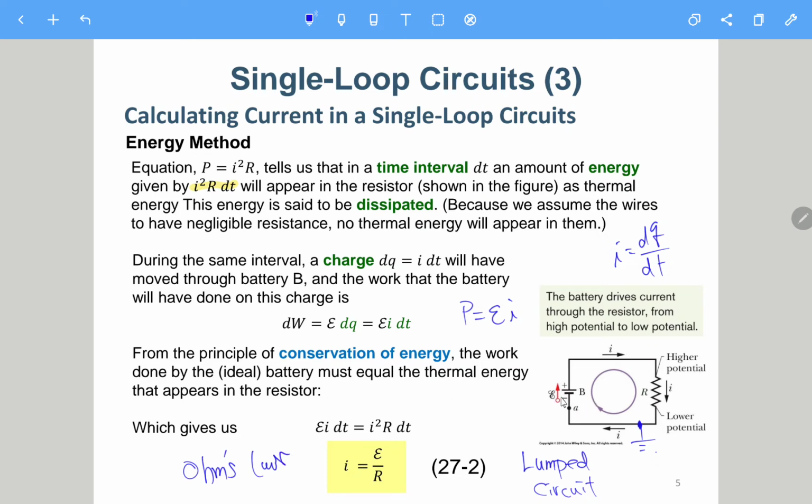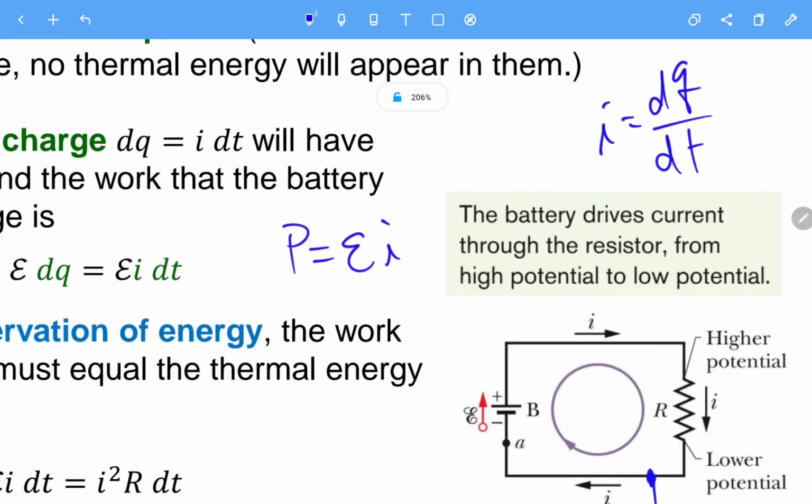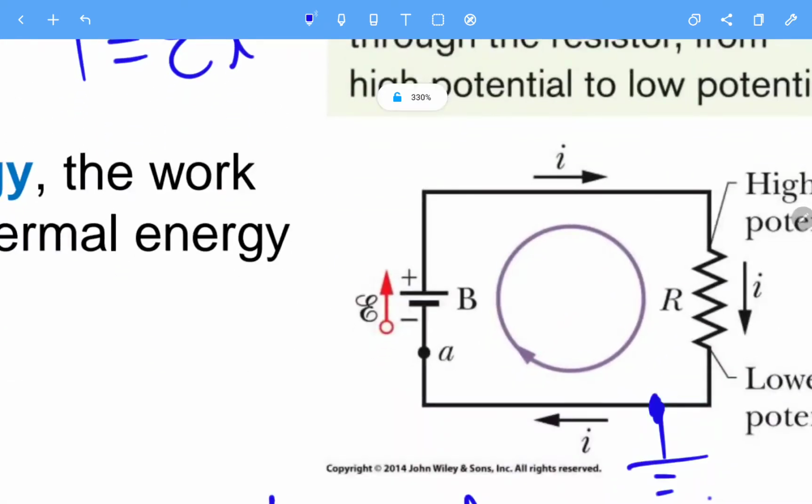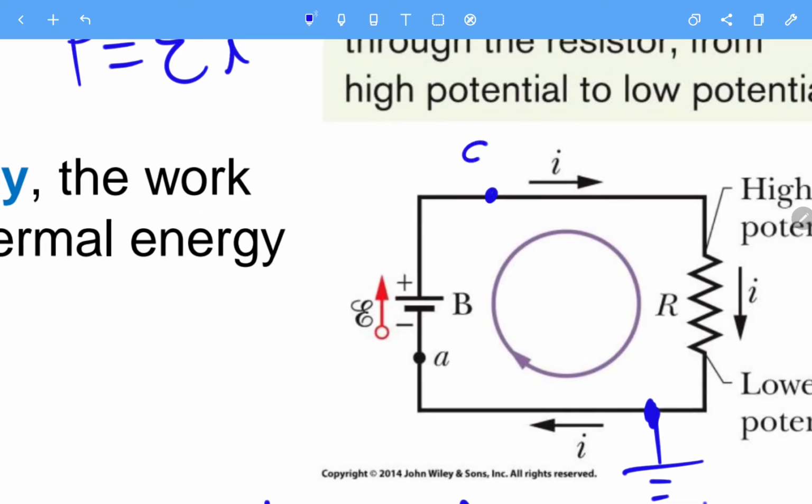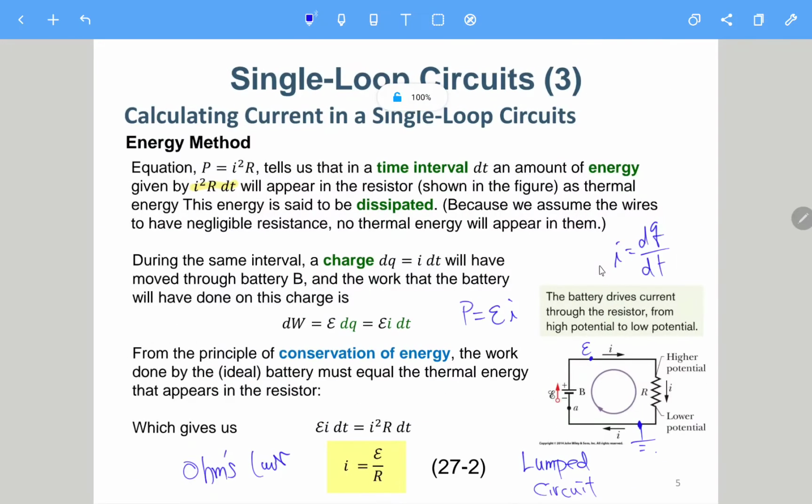Suppose this node is 0 volts, then this node should be E volts. Across this resistor the potential difference is E, so the current should be E over R. I equals E over R, or E equals IR. It's nothing but Ohm's law. So it feels quite trivial.